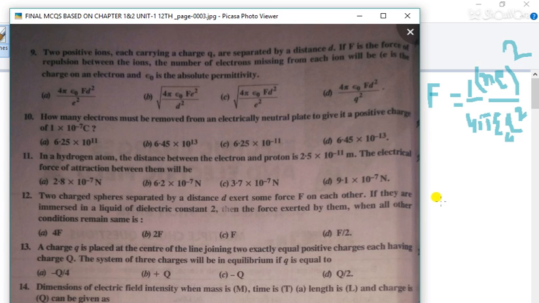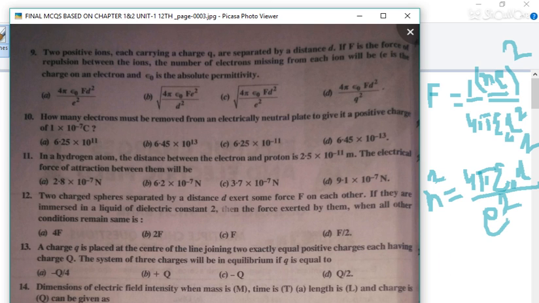In short, n square e square, or n square equal to 4 pi epsilon naught d square F over e square, because e is constant, and this is the concept of quantization of charge.